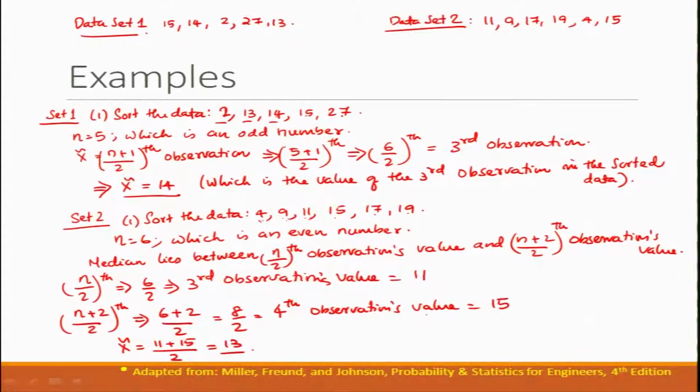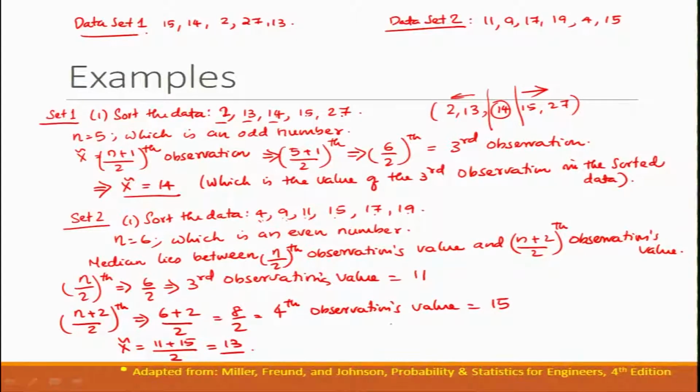If you look at it here, 2 and 13 are one set and the other is 15 and 27, and 14 becomes the median. So it divides the data into two equal parts: there are two values here and two values here.